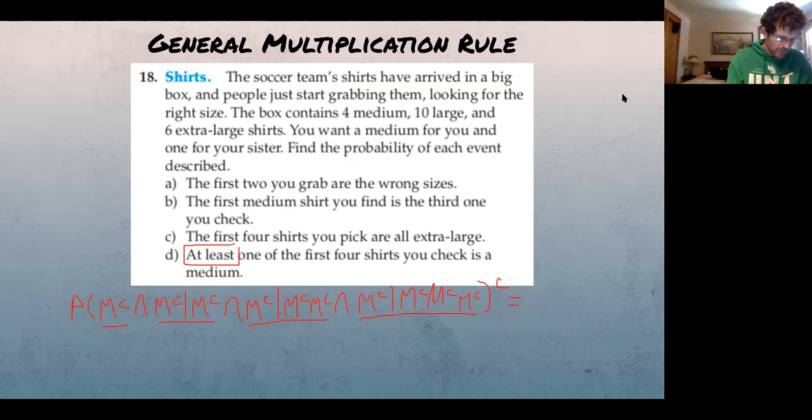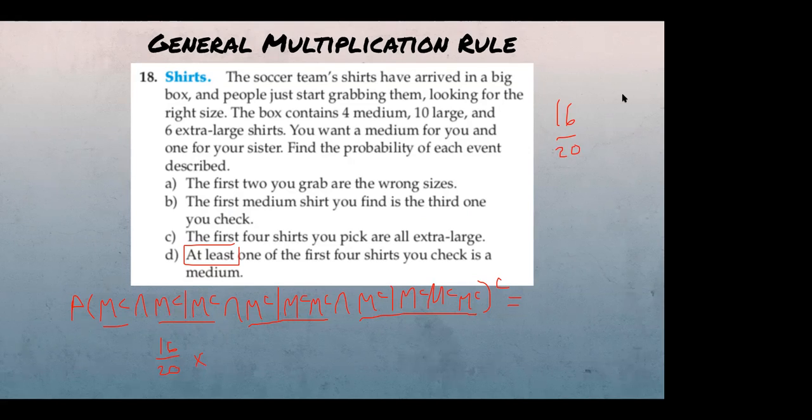All right, so the probability, we've already done part of this. We already know that we start off with a 16 out of 20 probability of not getting a medium. What's the next one? We can just quickly do this. 15 over 19.